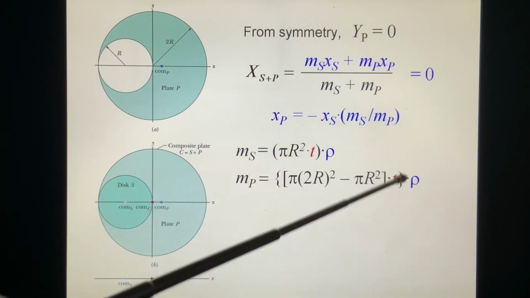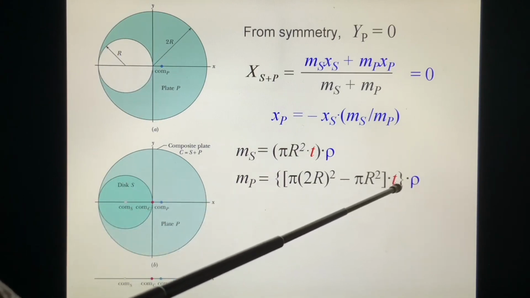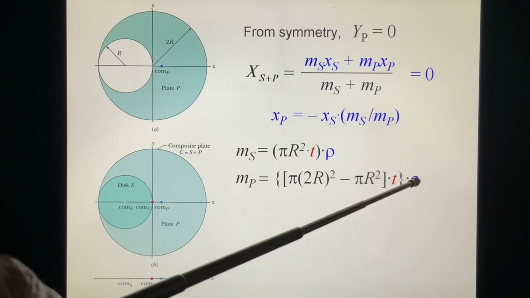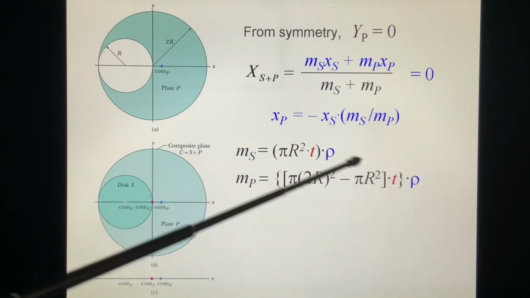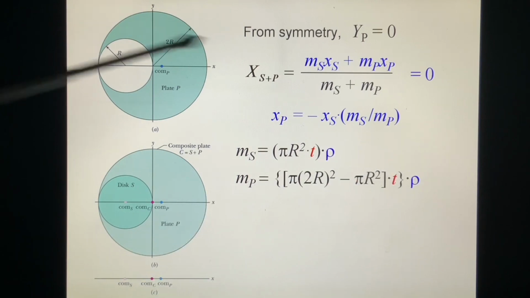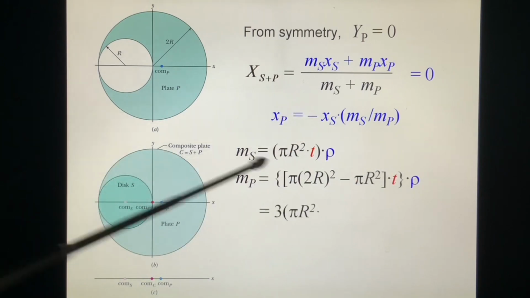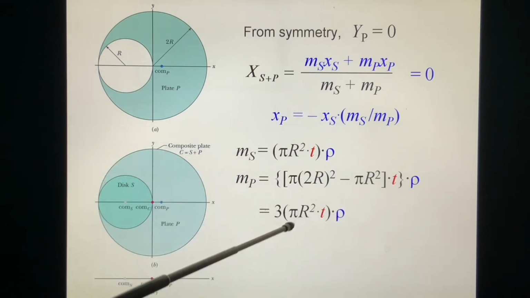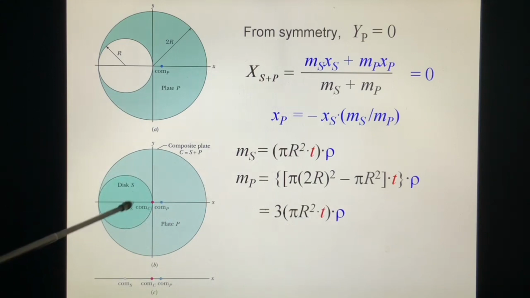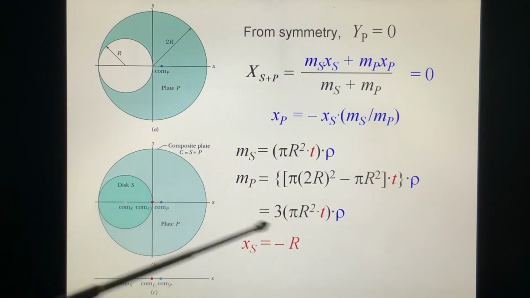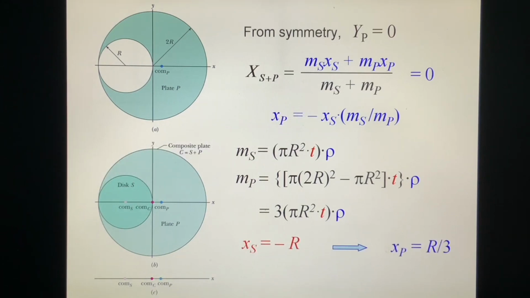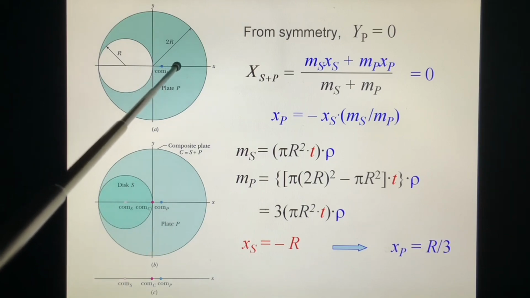This is the area; we multiply by thickness t to get the volume, then multiply by the density rho to get the mass. This is 3 pi R squared t rho. And x_S is minus R. We put these three inside and get x_P about 1/3 R, here. The plot is a little bit wrong; it should be 1/3 R.